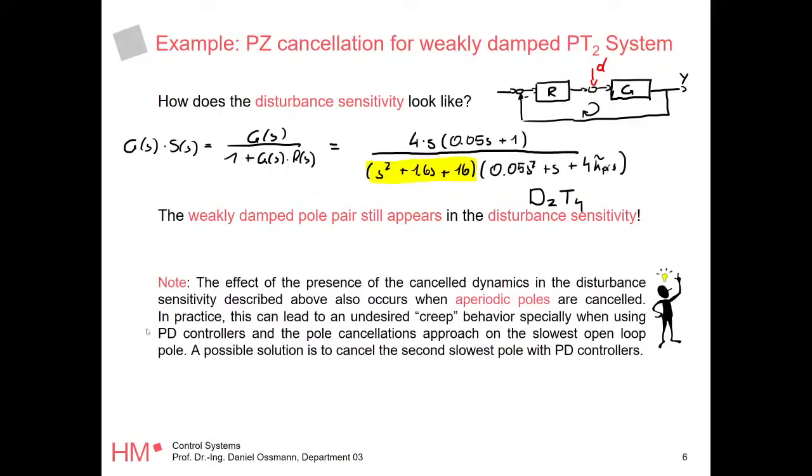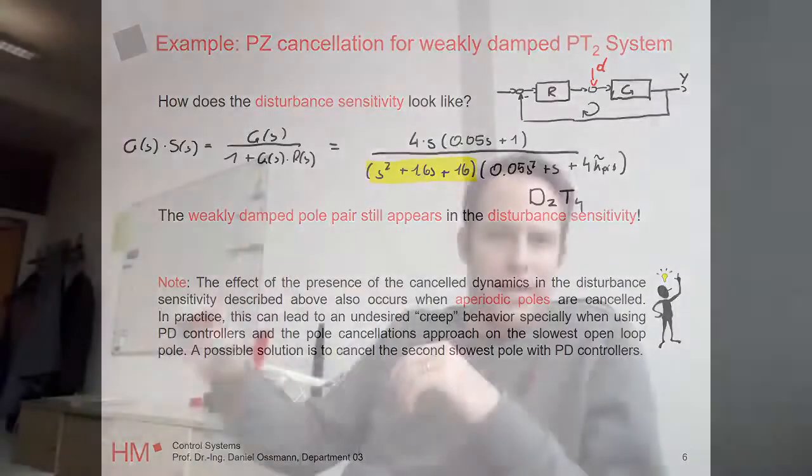Okay, you can read this. What stands in here is simply that this is also true if you cancel an aperiodic pole, right? So if you have a temperature change in the espresso machine, for our controller we just designed, you will see that aperiodic motion also in this disturbance sensitivity.